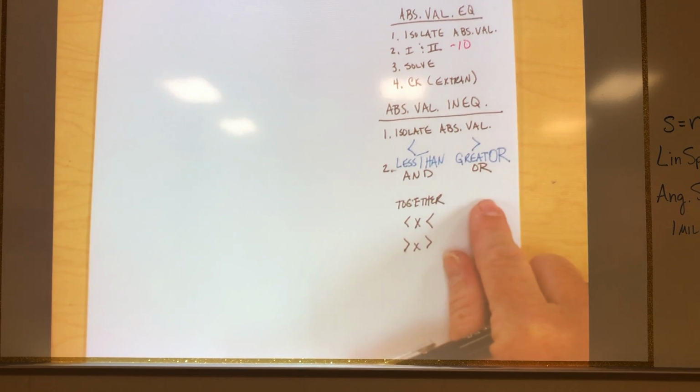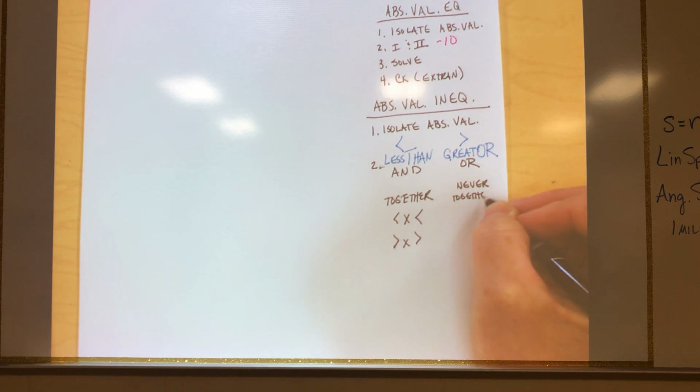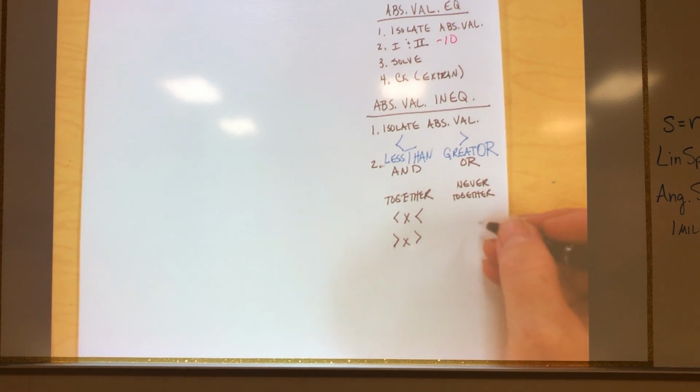Okay? Or statements, never together. Okay? Never together. Now, this was a problem that I saw with the or statements. Does anybody remember the symbol for or? U. Yeah, it's a U with what? No tail on it.